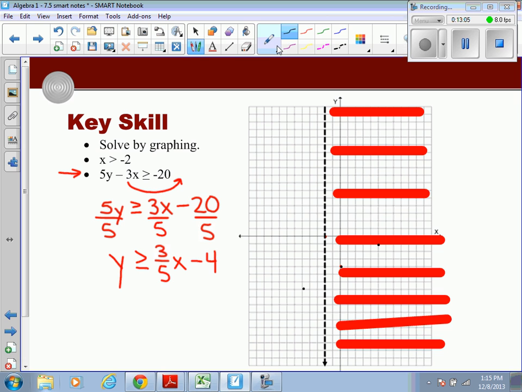And I'm going to use my line tool again. This time I'm going to use a solid line. And now it's greater than, so I'm going to shade above.